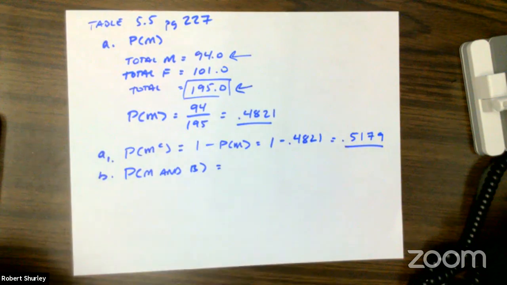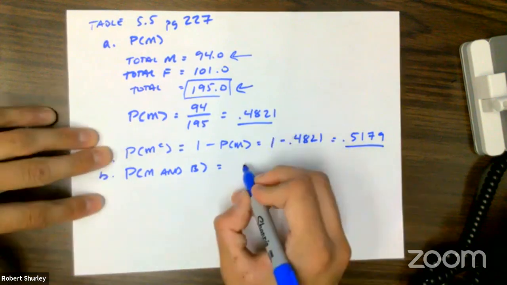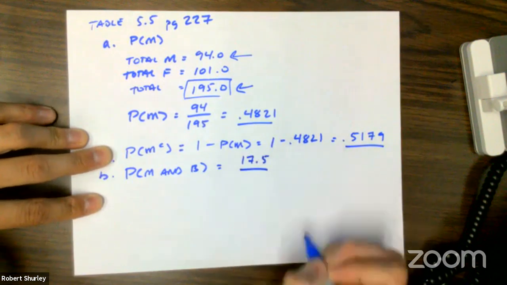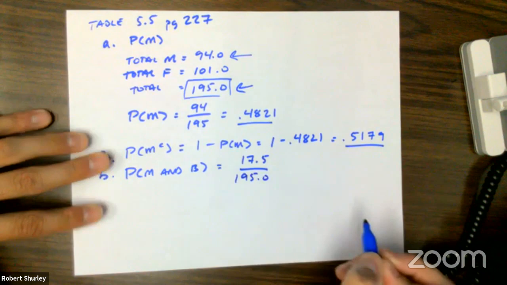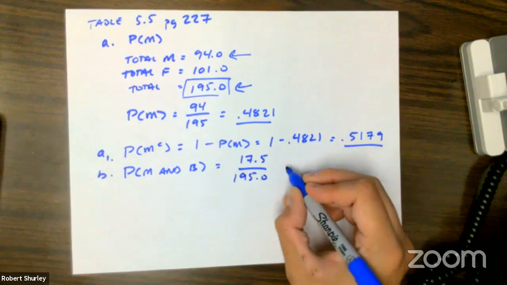If you go back to the chart, there's 17.5 million men that hold a bachelor's degree. For this example, it's still out of the entire group, right? There's no given statement here.